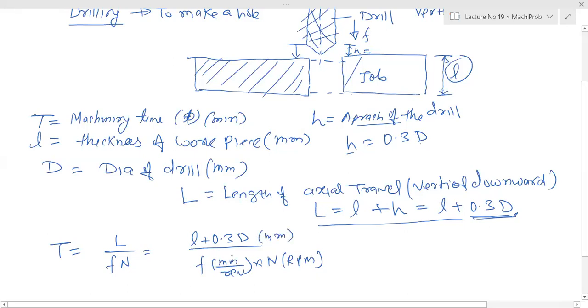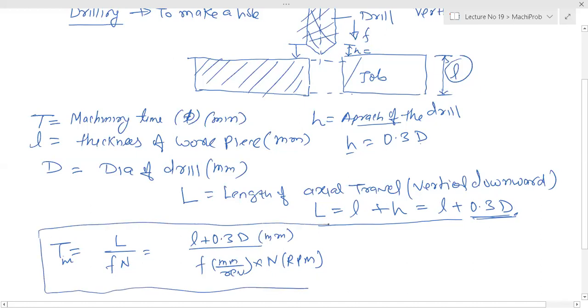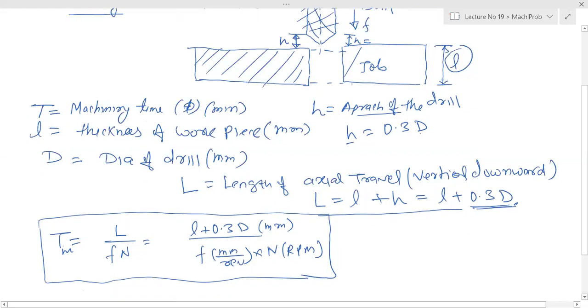So you can calculate machining time in drilling this way. You have to use this formula. The 0.3 D approach is compulsory. This is the extra H, that is approach. GATE has asked many problems on this.